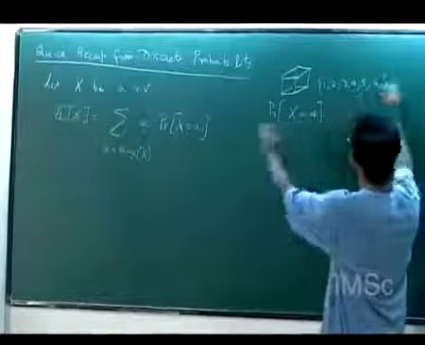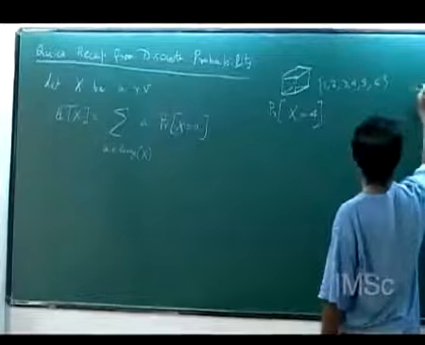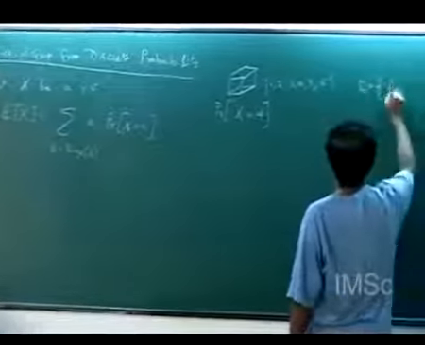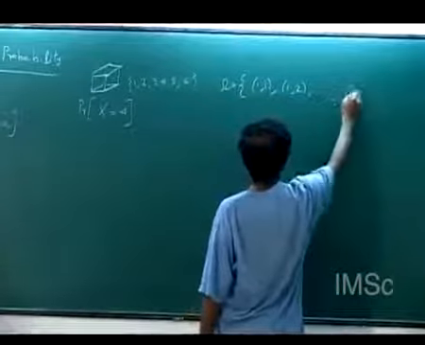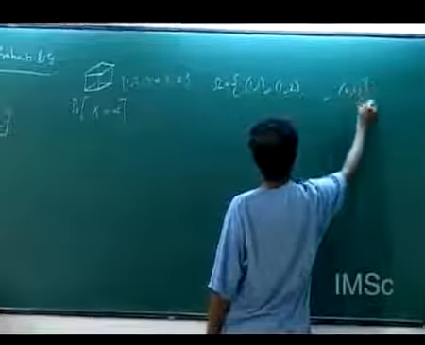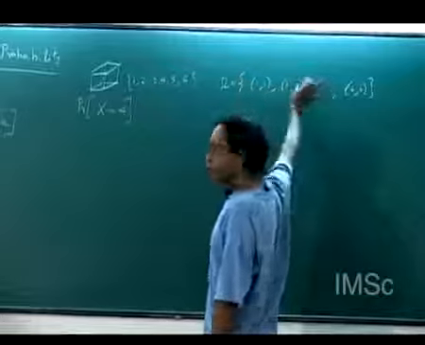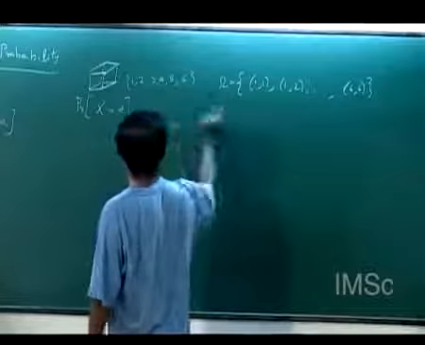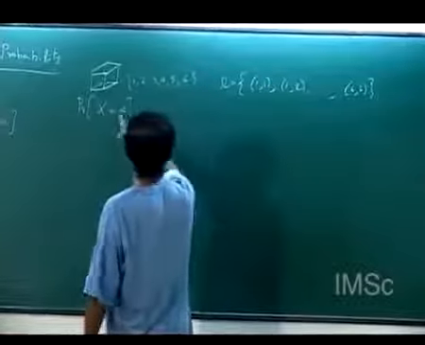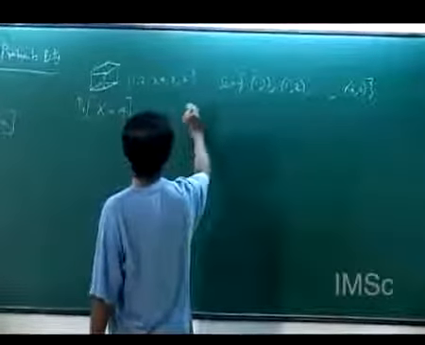The sample space is just all 36 ordered tuples. These are the possible outcomes. Very simple stuff I'm doing. So if you want to estimate this, just look at the events that give a sum of 4.